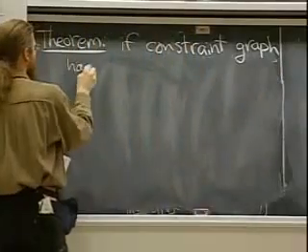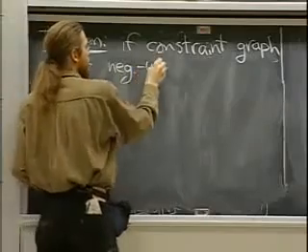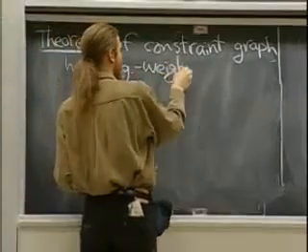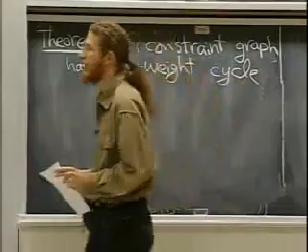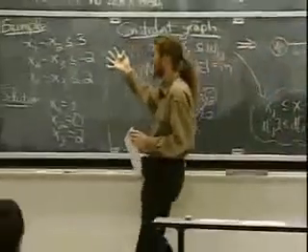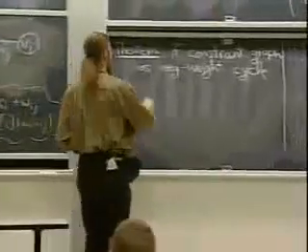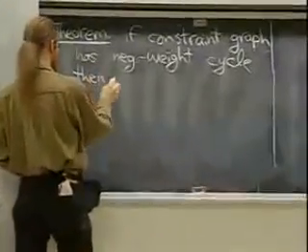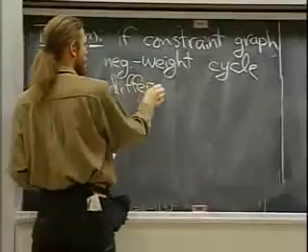So the first thing to prove is that if you have a negative weight cycle, then something bad happens. Okay, what could happen bad? Well, we're just trying to satisfy this system of constraints. So the bad thing is there might not be any solution. These constraints may be infeasible. And that's the claim. The claim is this is actually an if and only if. But first we'll prove the if.